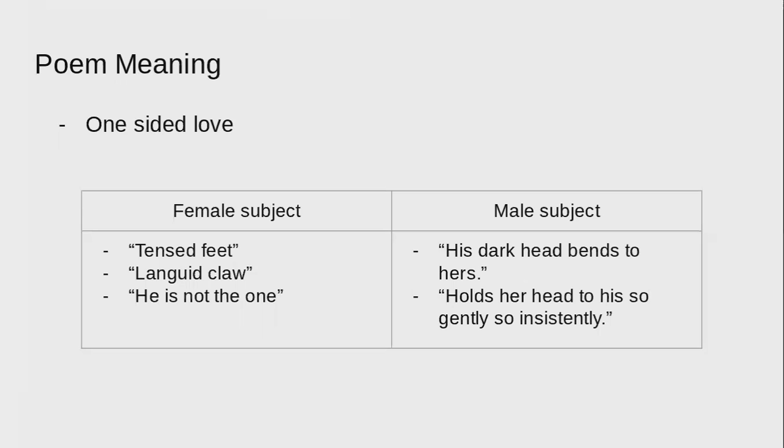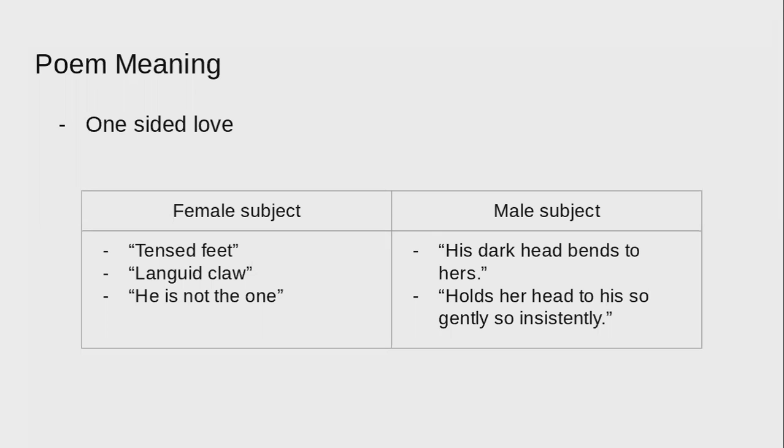And the obvious dislike toward the male subject is solidified when, in that last line of the poem, the author says he is not the one. When we're discussing the male subject, he's very clearly into the girl. You can obviously see that through the language still. He's bending towards her and making an effort to be closer to her.